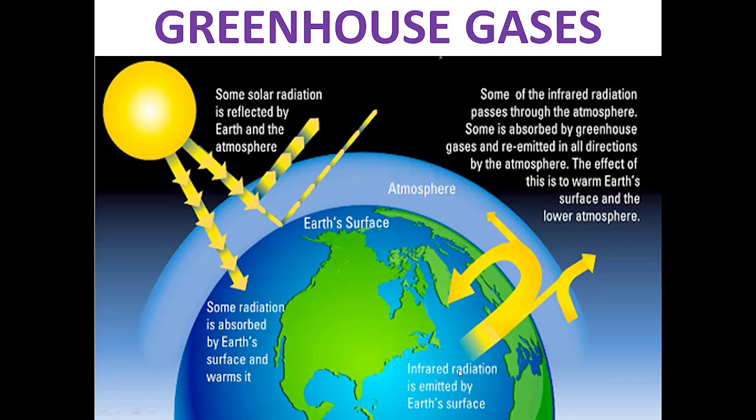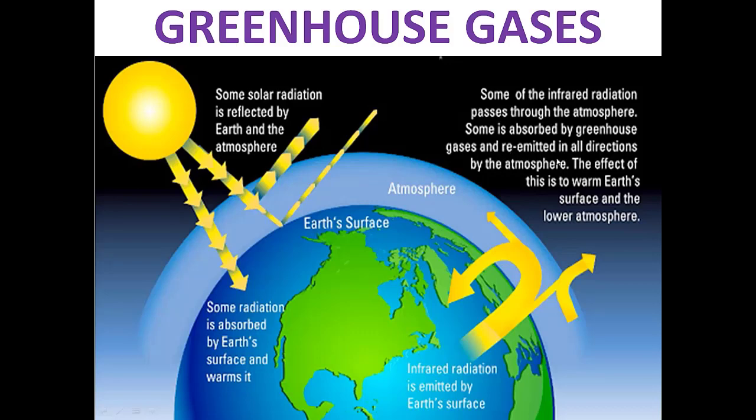what happens to the infrared radiation that is emitted by the Earth's surface. Some of the infrared radiation passes through the atmosphere, and some is absorbed by the greenhouse gases and re-emitted in all directions by the atmosphere. This re-emitted radiation maintains the temperature and warms up the atmosphere.